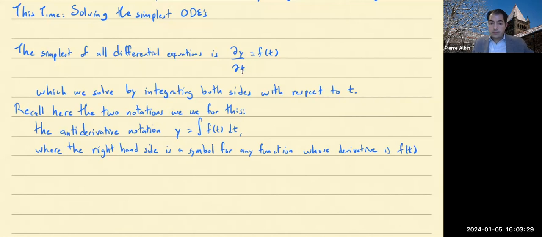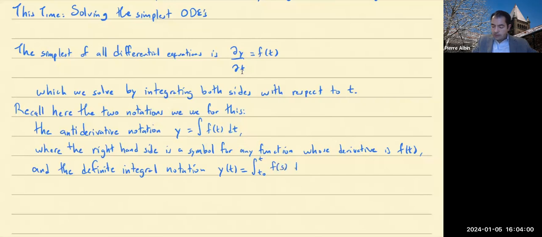The other notation is the definite integral, where we would write something like y of t is equal to the integral from some initial point, say t naught, to t, f s ds, or some other dummy variable, plus an arbitrary constant.